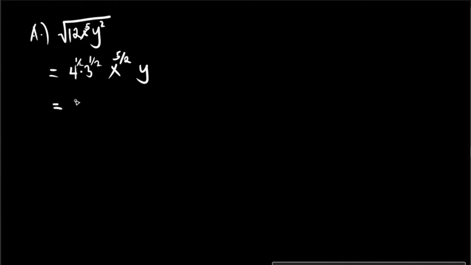So what happens here is that we know that x to the 5 over 2 is equal to x to the 1 half times x squared. So that means that we have 2x squared, and we have a y, and we have one more x, and they are going to be within the radical 3x.